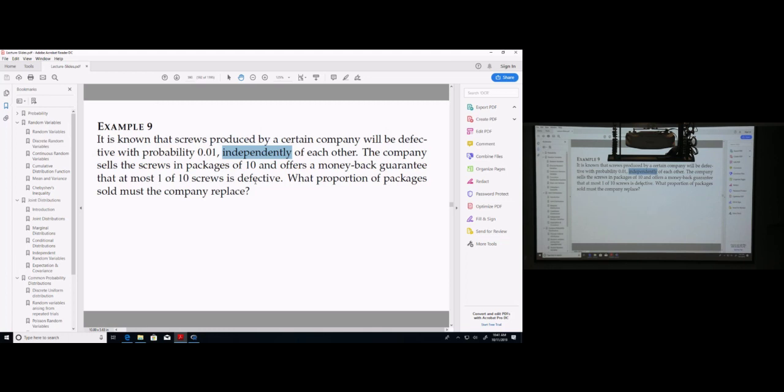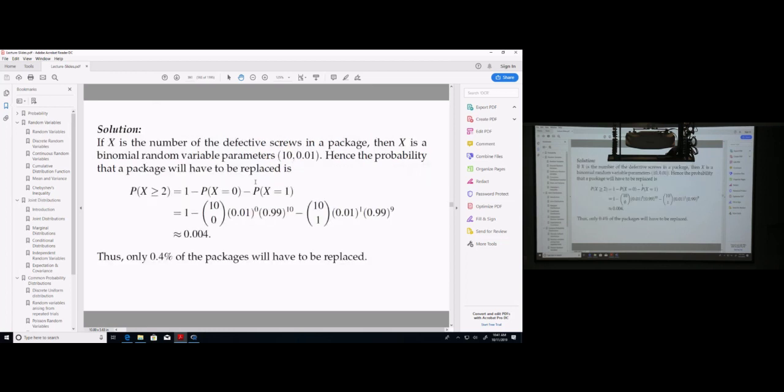At most one. It's a little bit strange, right? If I have 2 defective, that means I can't return it. Okay, anyway, this is English. It's nothing to do with probability, all right? So we'll look at the answer, and then we can understand what is being asked.